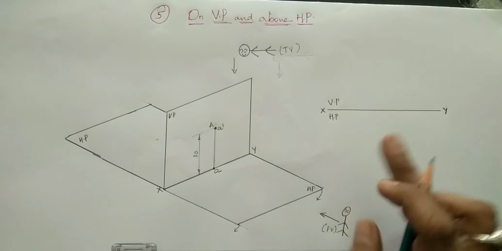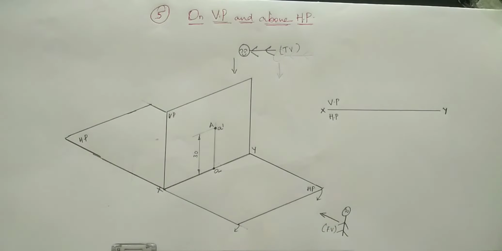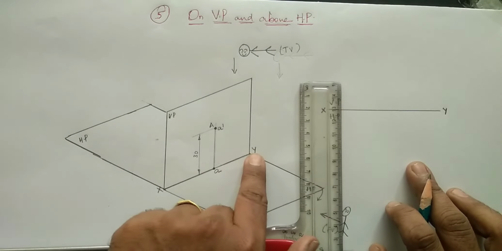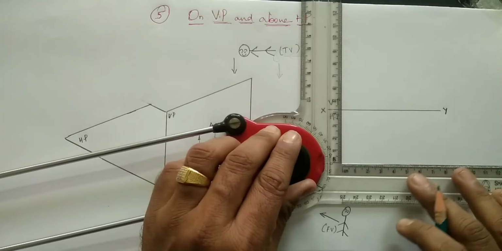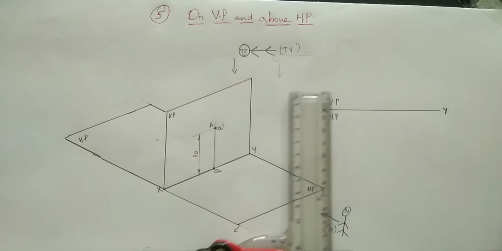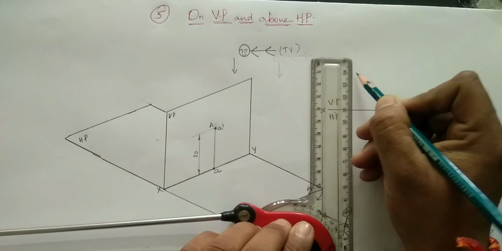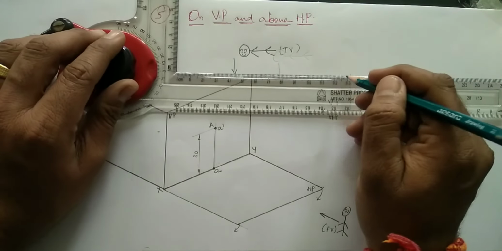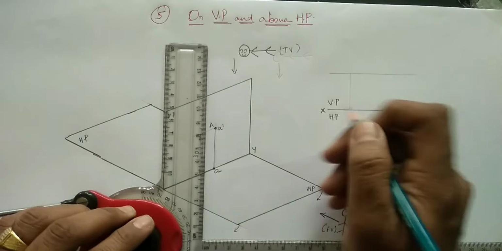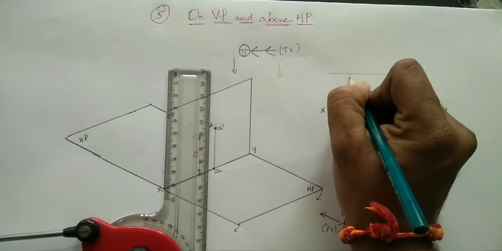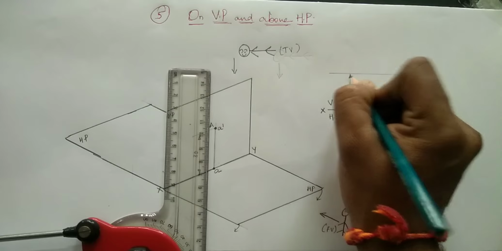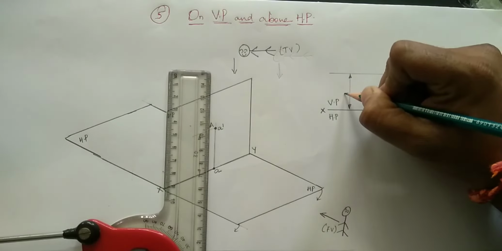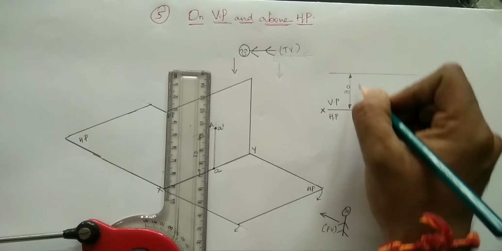The same methodology we mention on the 2D projection, which we call orthographic projection. Now with respect to the XY line, it is 30 mm above HP. Take the dimension of 30 mm, draw the locus line and mark the dimension. It is 30 mm above HP.